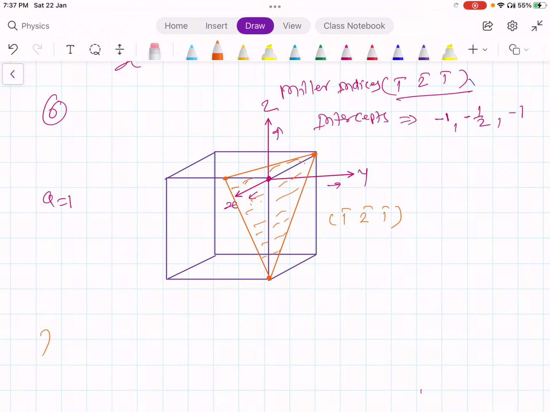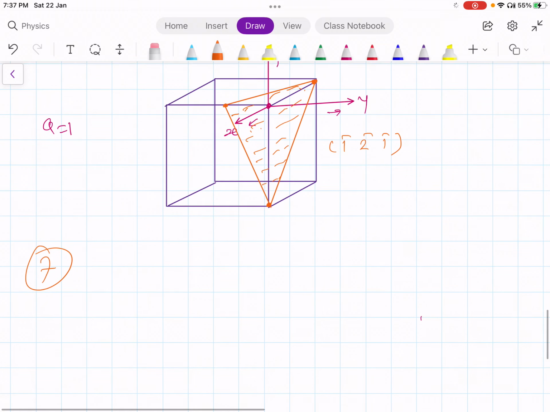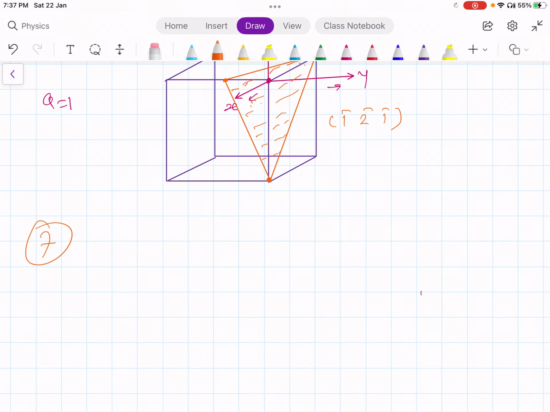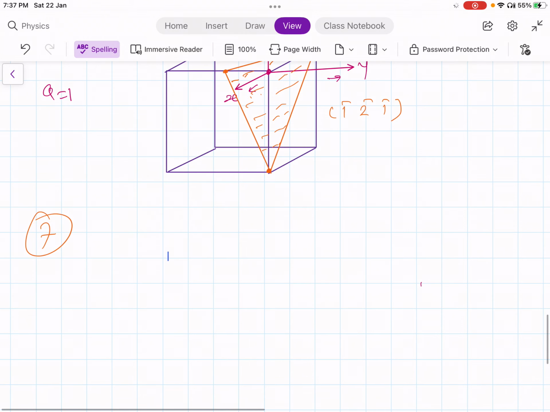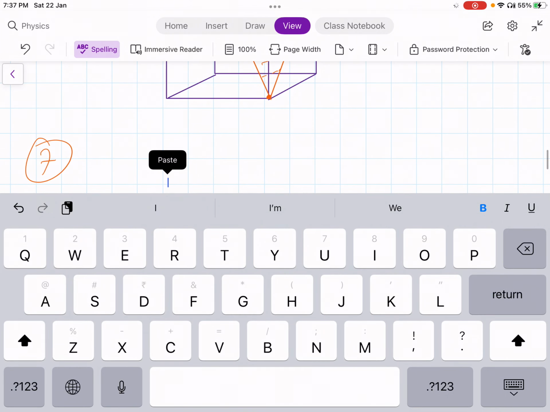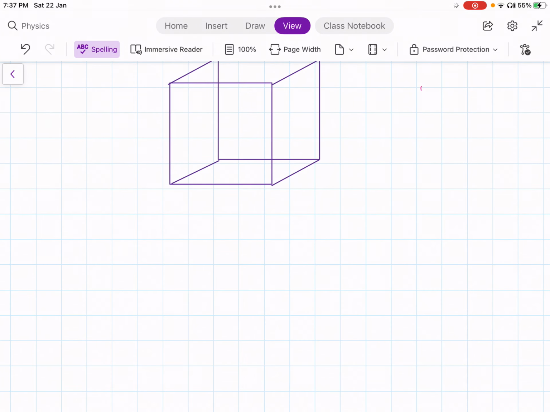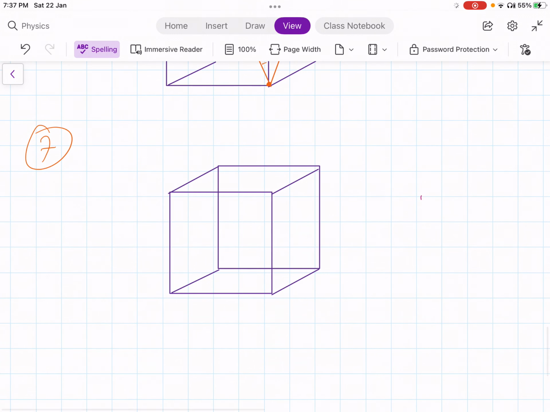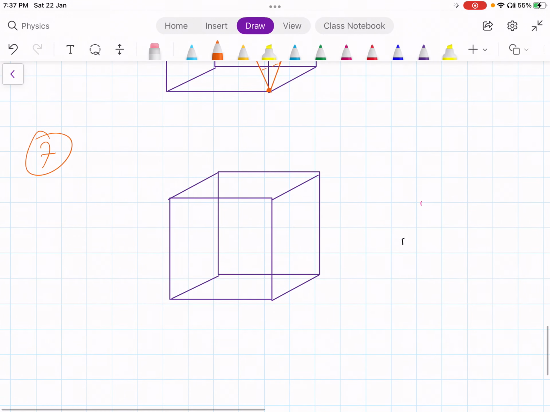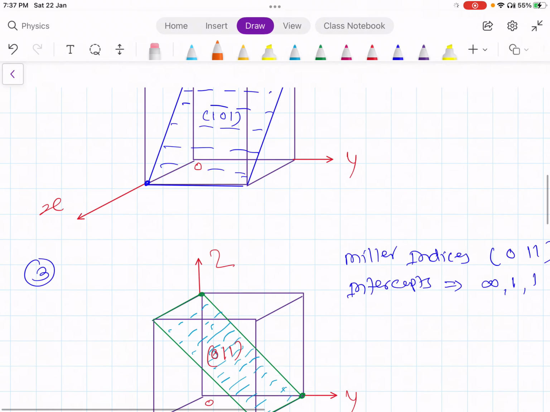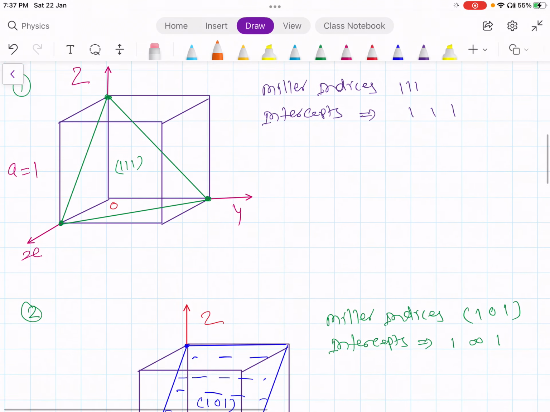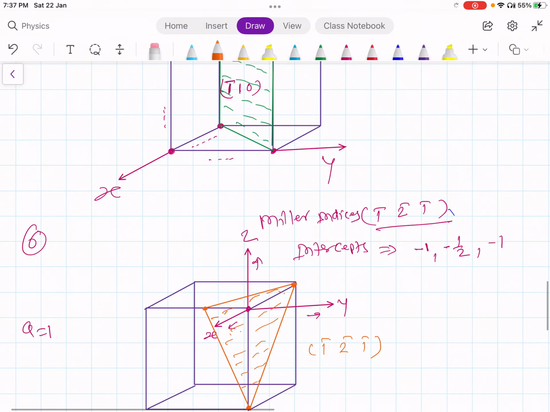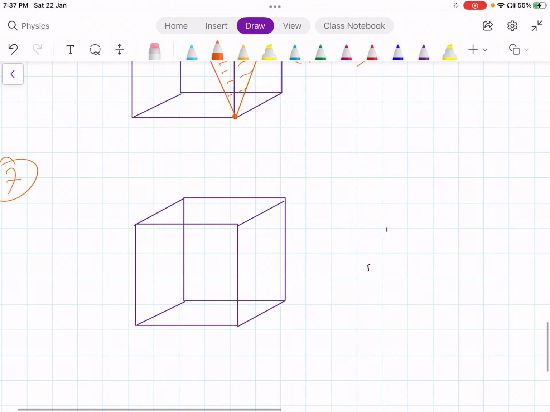Let's see the seventh one. First, insert the unit cell. You have to draw. And let's see what are the Miller indices of seventh.